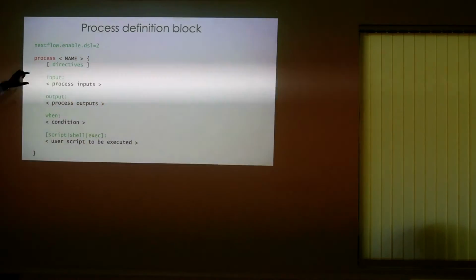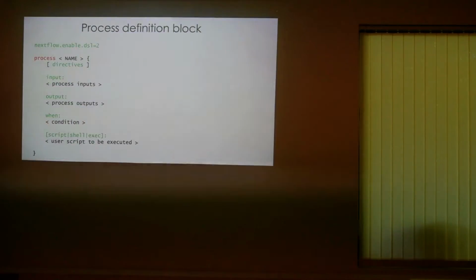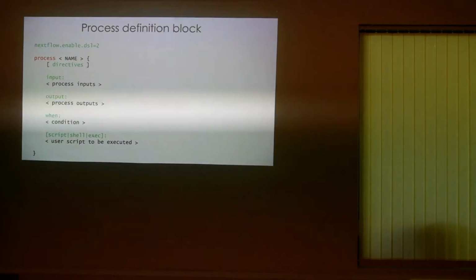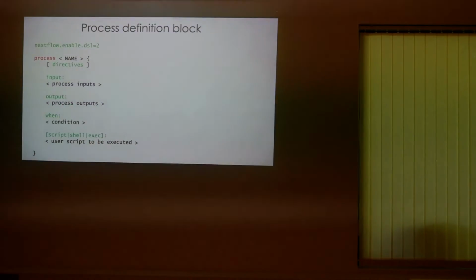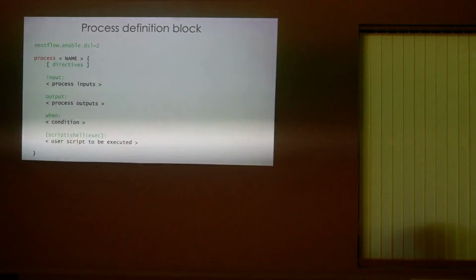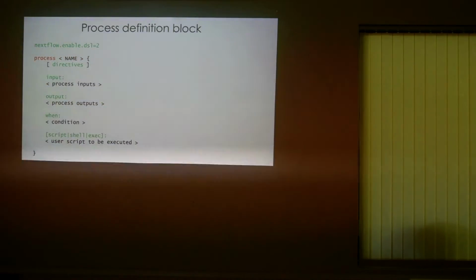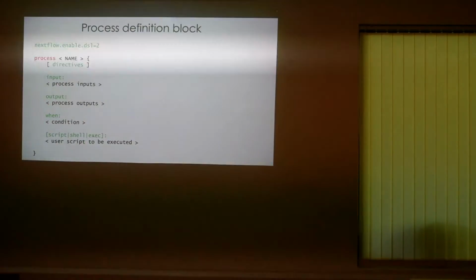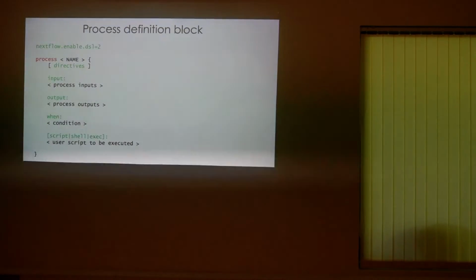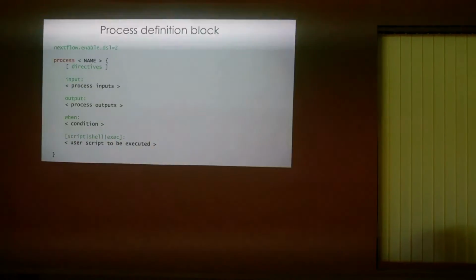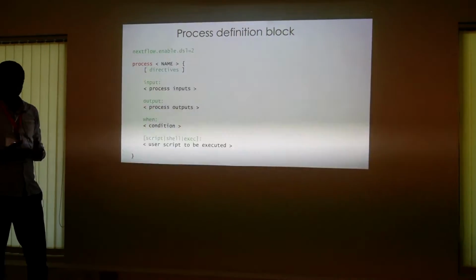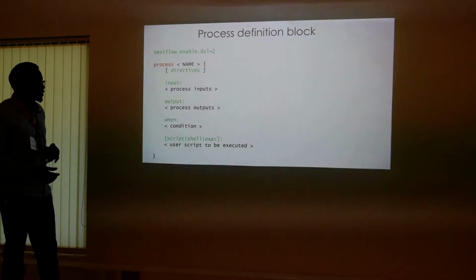Followed by that, you have the directives here, and this could be one or many. For example, you could give it a tag just to identify what it is doing. You can give it a label. The label could correspond to the amount of memory or the number of CPUs it requires.